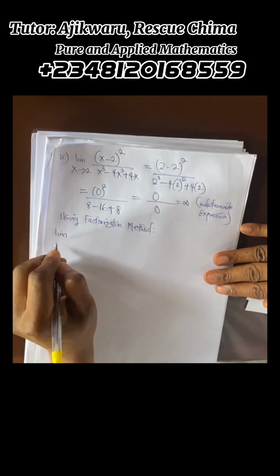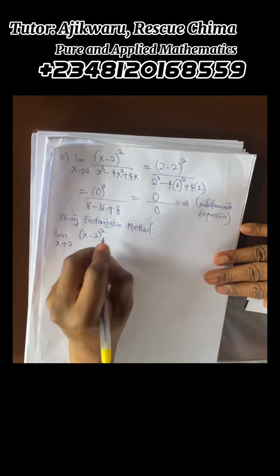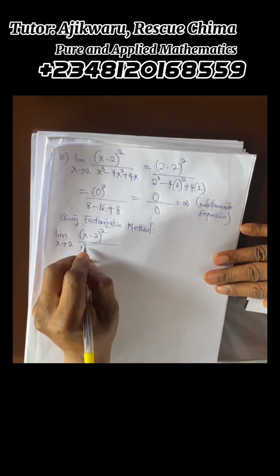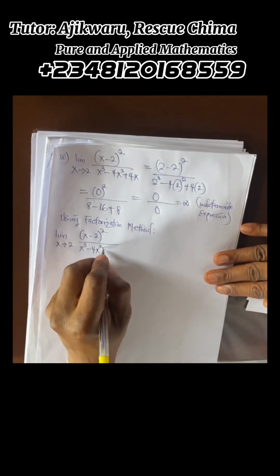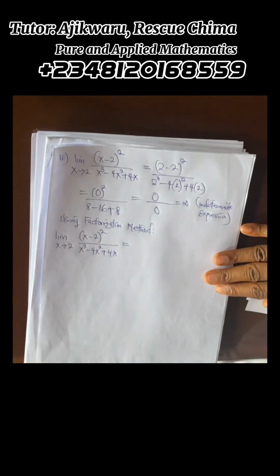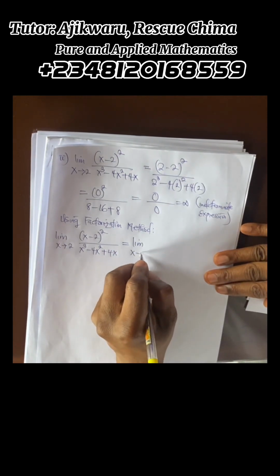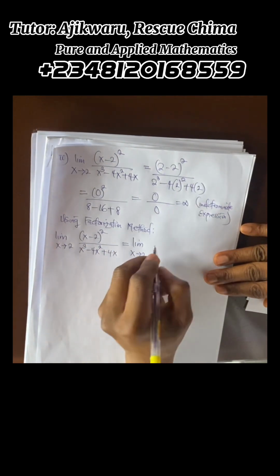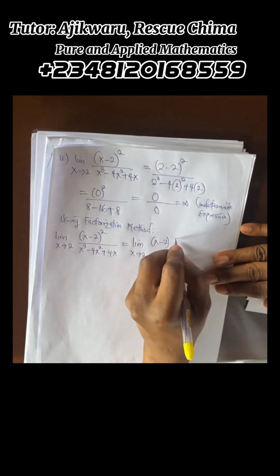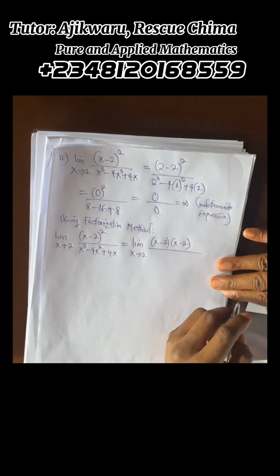Let's see, limit x tends to 2 of (x minus 2) all squared upon x raised to the power 3 minus 4x squared plus 4x. Okay, this is limit x tends to 2. For the numerator, we have x minus 2, x minus 2, because this is x minus 2 all squared.